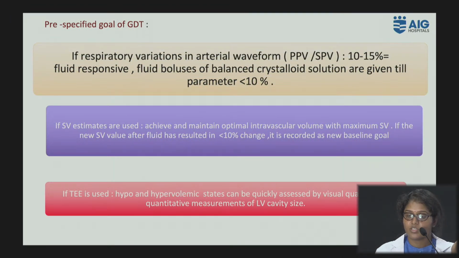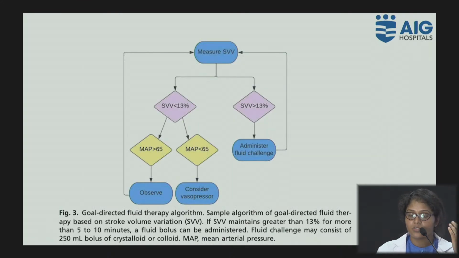If SPV and PPV is 10 to 15%, give a fluid bolus until they are less than 10. Same applies for the stroke volume, and if TEE like trans-esophageal echo is used, we can directly visualize the changes, and the response to fluid bolus can also be seen in real time. So this is the algorithm.